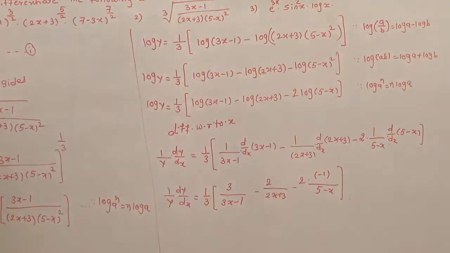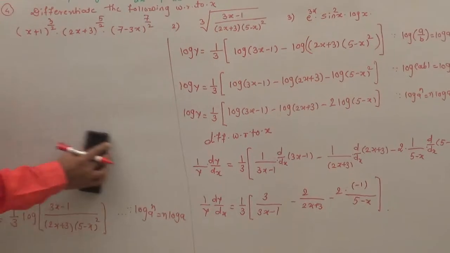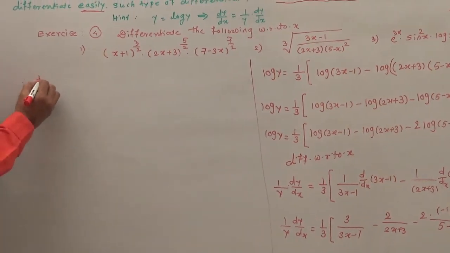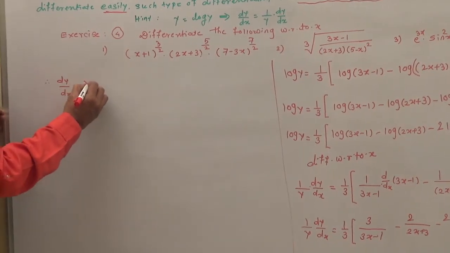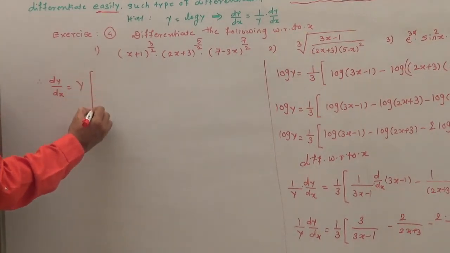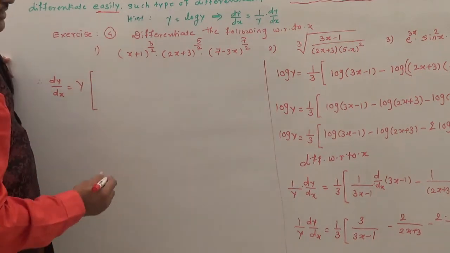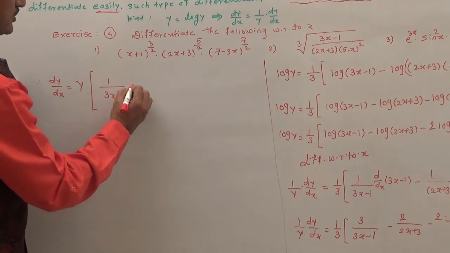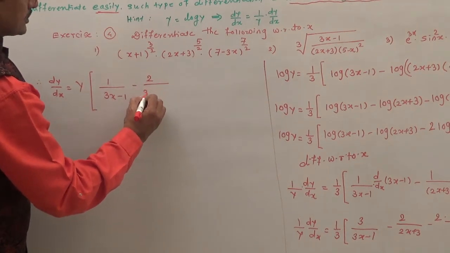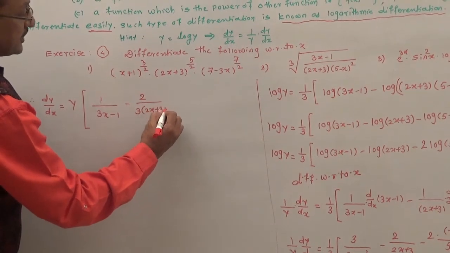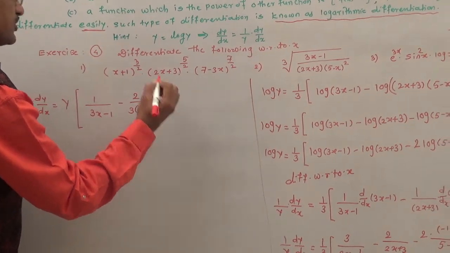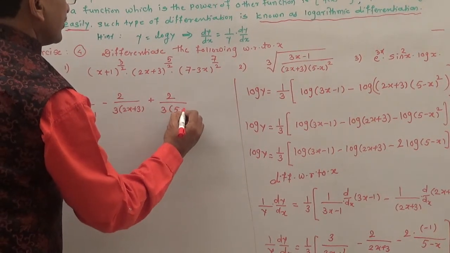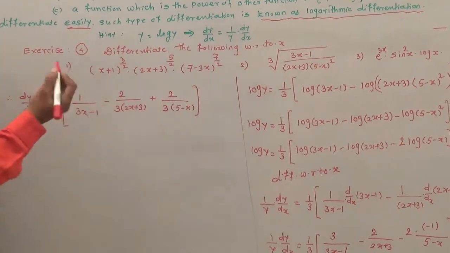And then now dy by dx is equal to y times, multiplying 1 by 3 to each term in this bracket: 1 upon (3x minus 1) minus 2 upon 3 times (2x plus 3) plus 2 upon 3 times (5 minus x), and then reput the value.